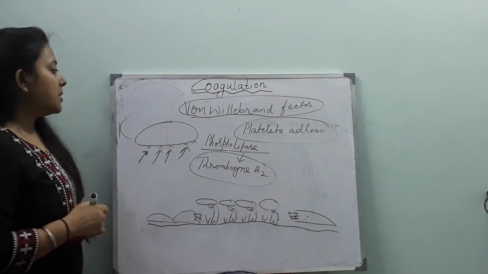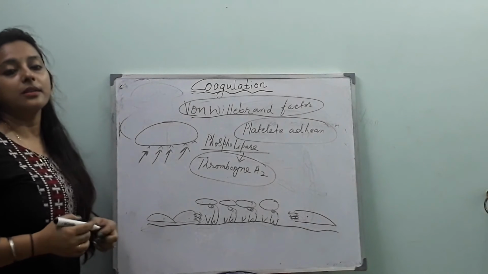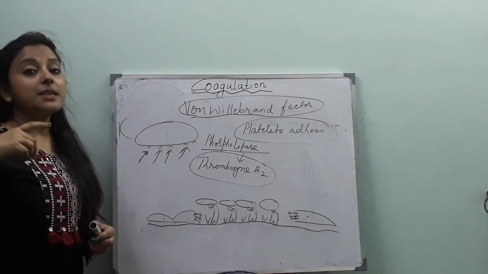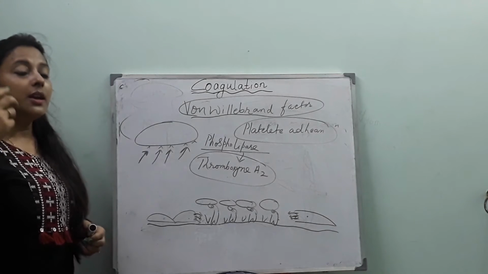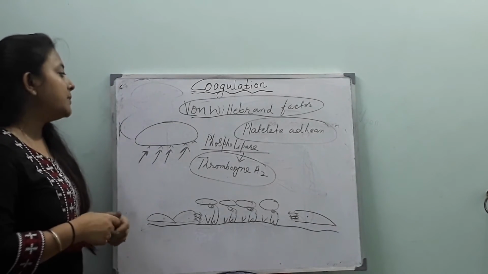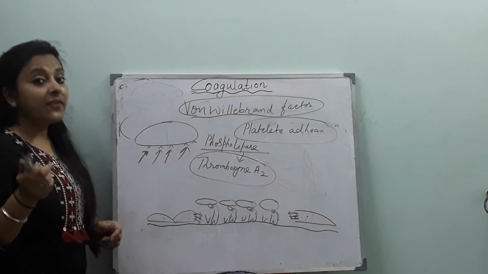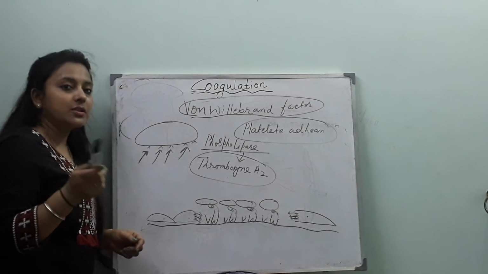Now this thromboxane A2, you can compare it with the substance released from healthy endothelium, that is prostacyclin. What is the function of prostacyclin? Prostacyclin acts as a vasodilator, but thromboxane A2 acts as a vasoconstrictor.